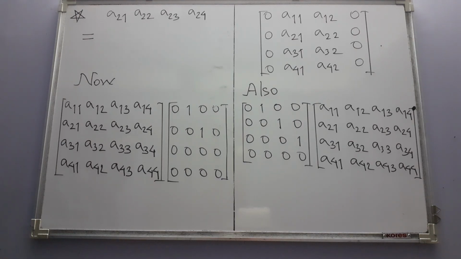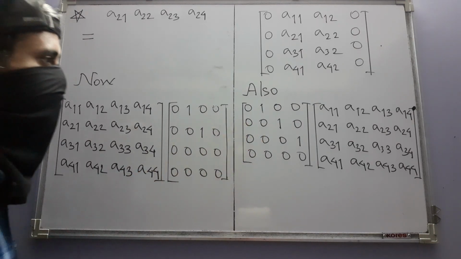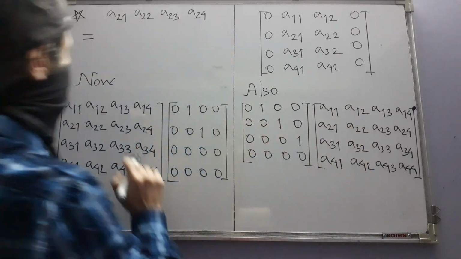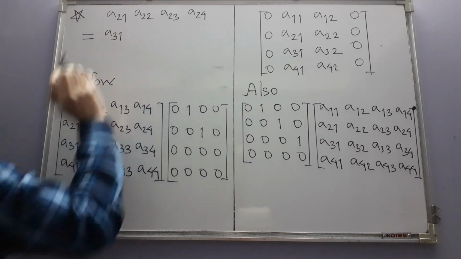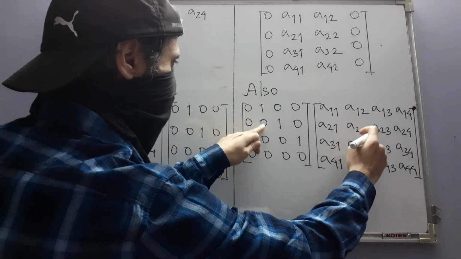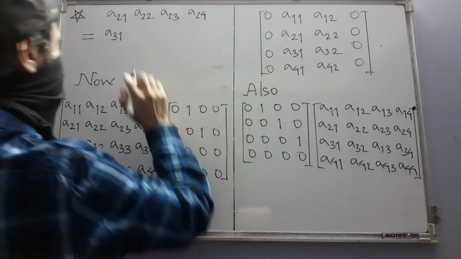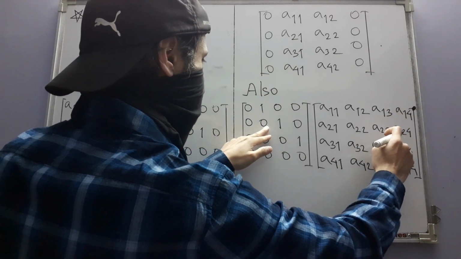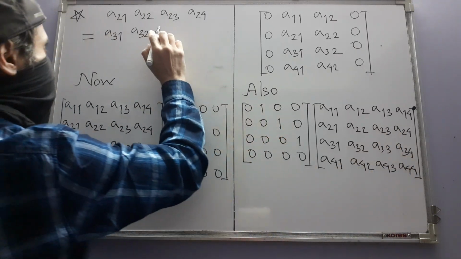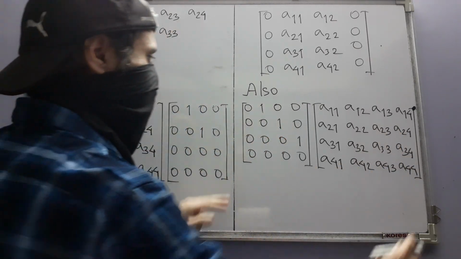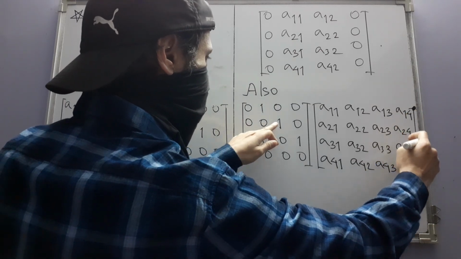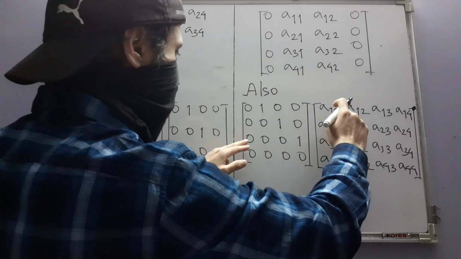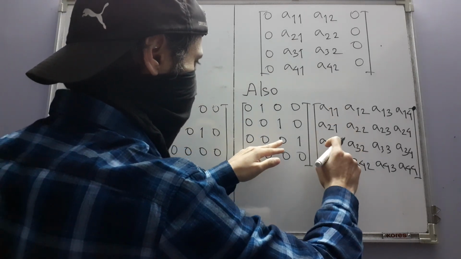Okay, so the job of the first row of this one is over. 0, 0, A31, 0. 0, 0, A32, 0. 0, 0, A33, 0. 0, 0, A34, 0. Then the third row, 0, 0, 0, A41.